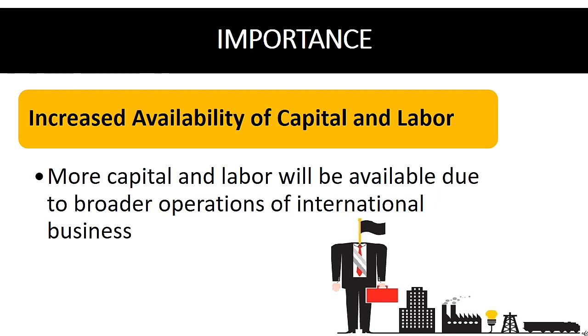Pero kapag ang isang negosyo ay nag-ooperate sa international market, they will have access to different experts from the different countries where they are operating. So thus, an international market is really a great help for the organization to increase their availability in terms of capital and labor.